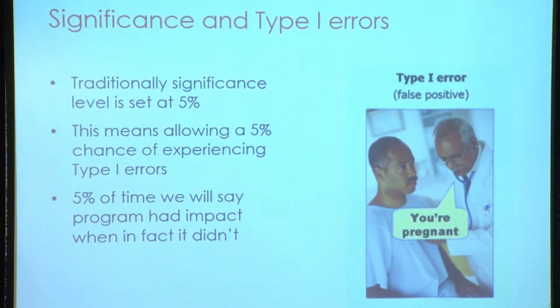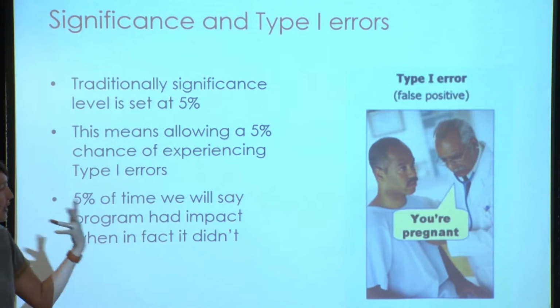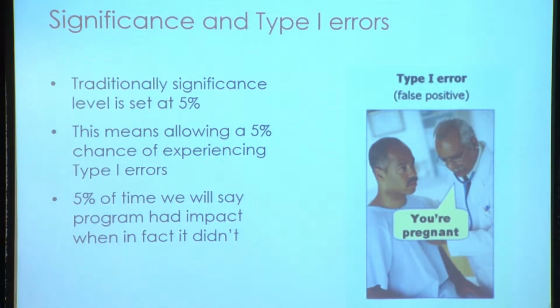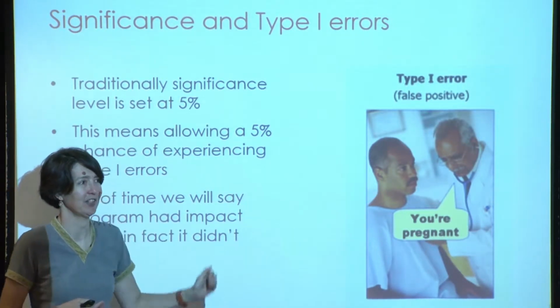So you've probably heard of type 1 and type 2 errors. I love this picture, which is not mine, as a way of memorizing what a type 1 and a type 2 error are. A type 1 error is a false positive, i.e. where somebody says you're pregnant and actually you're not.